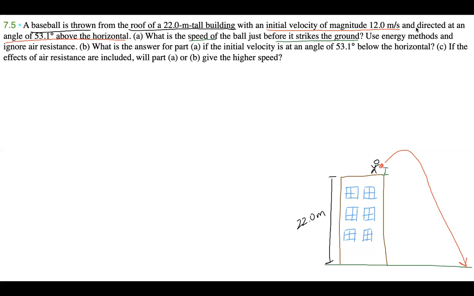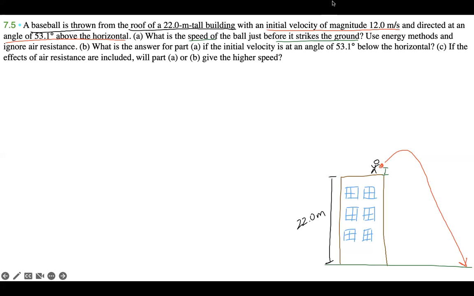But for the sake of this question, because we're not really given information on how high above the roof this person is holding the ball, we're not going to get into that just because this is a textbook problem, and we're going to just pretend that 22 meters is not only the height of the building, but also the height of the ball to the ground. Okay, so maybe this person's like lying down and throwing it. It doesn't matter, but we're just going to use 22.0 at face value, and we're not going to do any adjustments from there.